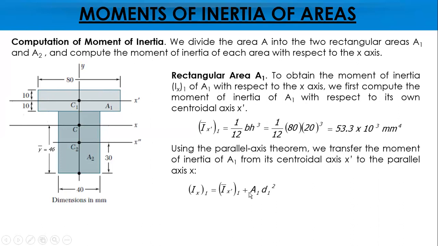D1 is the distance between the two axes, x prime and x. How much is the distance? First, compute. The whole height is 60, and the middle is 30. So 60 minus 46, this is 14. And this is our D1, the distance between x prime and x, equal to 24, 14 plus 10.